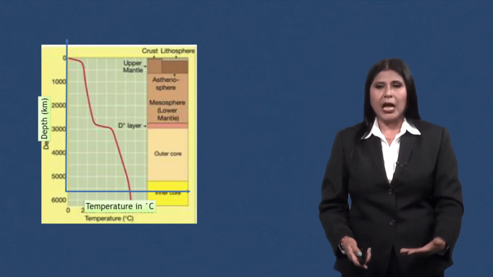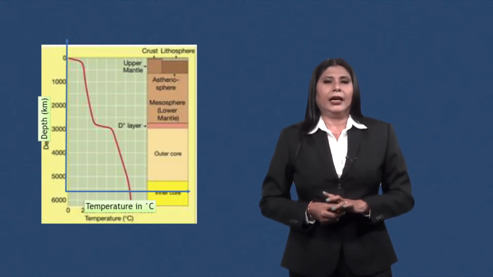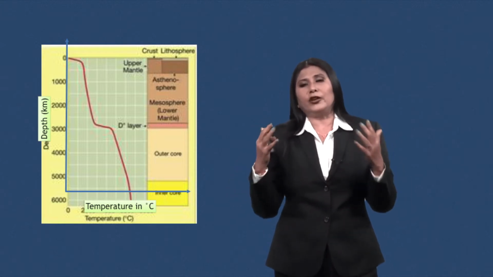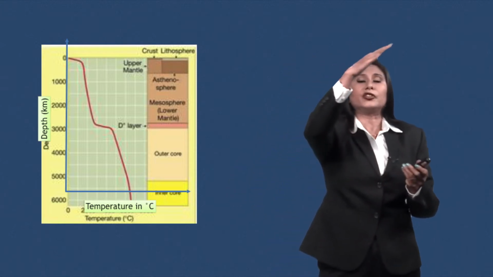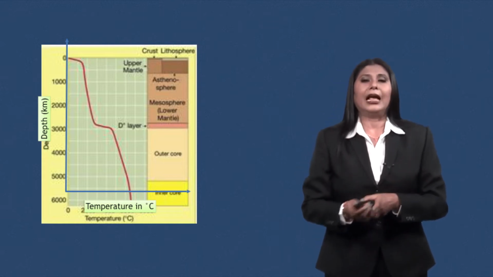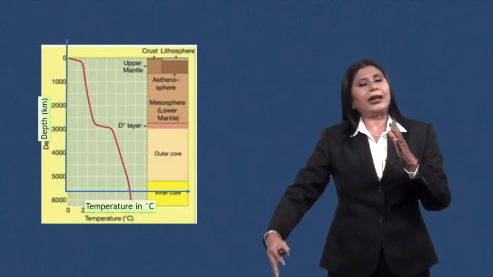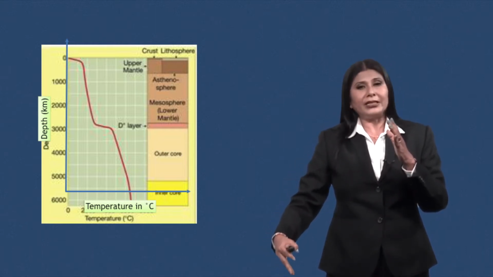But now we know that the rate is not constant. We have diagrams reconstructing the increase in temperature as we go down, and we see that the increase is not uniform by all means.